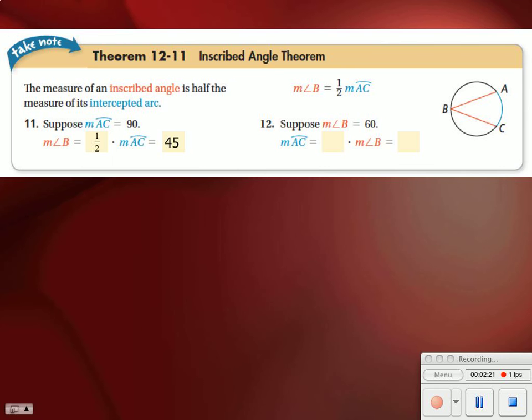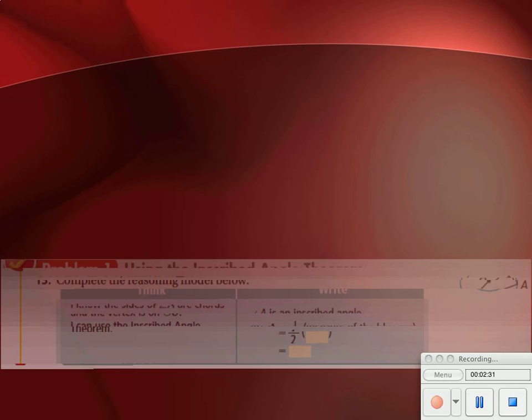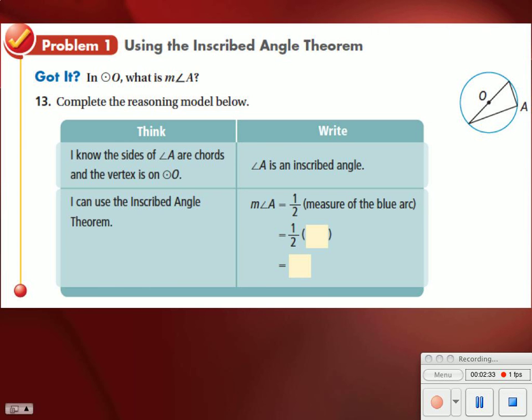So let's use the inscribed angle theorem. In circle O, what is the measure of angle A? We're going to complete the reasoning model below. I know the sides of angle A are chords, and the vertex is on circle O. So here's the vertex of that angle. Angle A is an inscribed angle. I can use the inscribed angle theorem. Now that looks like a diameter to me, which is the hypotenuse of this triangle.